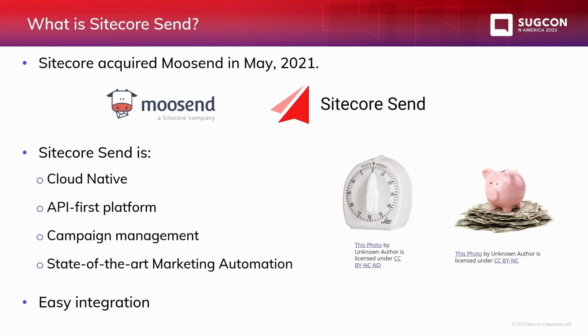And now we dive into what is Sitecore Send. Sitecore Send is a cloud-native, API-first platform that helps users with their campaign management. And how does it do that? With state-of-the-art marketing automation features that are going to reduce your time and costs. So what is, especially for non-technical people, cloud-native? It means software designed for the cloud.